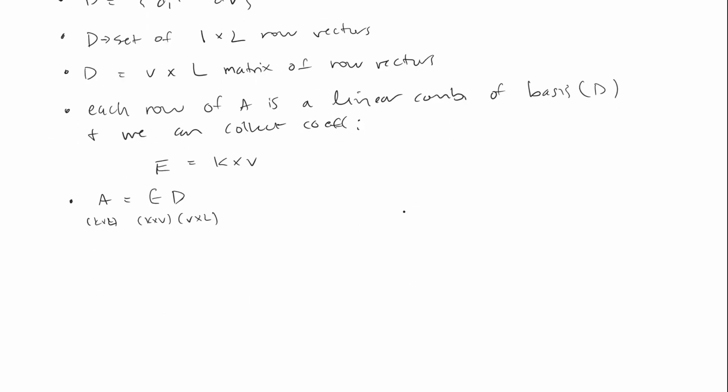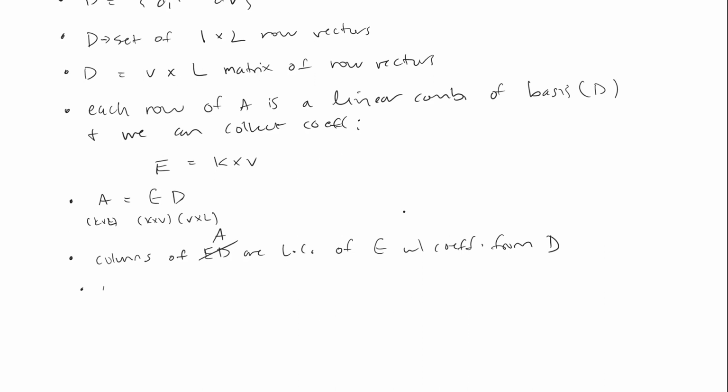And then we can say that the columns of ED, sorry, of A are linear combinations of the columns of E with coefficients from D, where ED we can pretty much just call A, right?